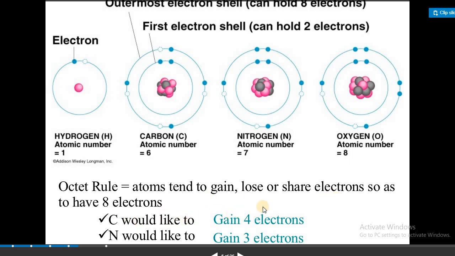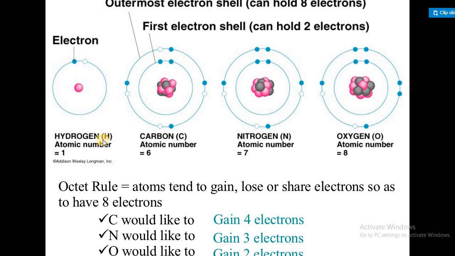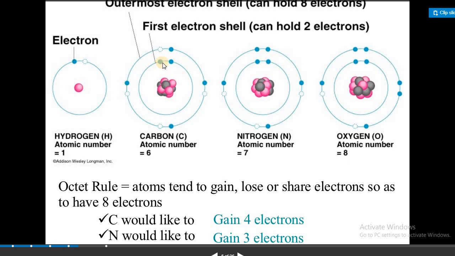Carbon would like to gain 4 electrons. The atomic number of carbon is 6, so you see 2 electrons in the first shell and the remaining 4 in the valence shell. How many electrons does it need to complete its octet? Yes, you're right, 4 electrons.